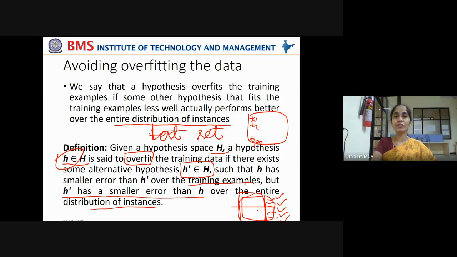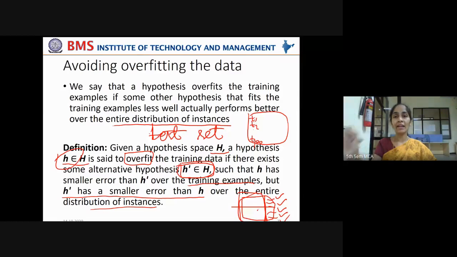Now let me read the definition once again. Given a hypothesis space H, a hypothesis H belonging to the hypothesis space is said to overfit the training data if there exists some alternative hypothesis H dash belonging to the hypothesis space such that H has smaller error than H dash on the training examples, but H dash has a smaller error than H over the entire distribution of instances.